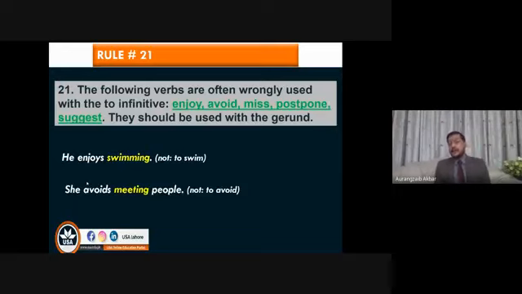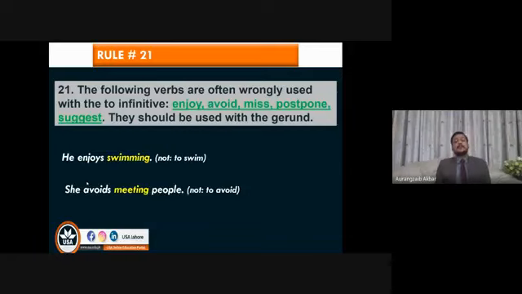Okay, so remember this, students: whenever we use these verbs, they should be used with the gerund, like "He enjoys swimming." We often wrongly say "He enjoys to swim." This is wrong. "He enjoys swimming" is right. "She avoids meeting people."